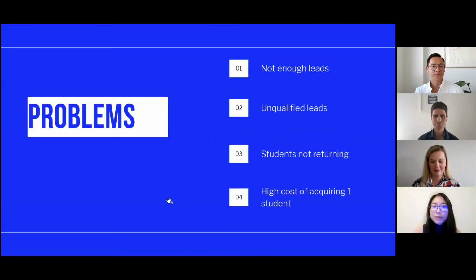So some problems that we face in the education industry when we're trying to get more student enrollments or more students: the first thing, you don't have enough leads. The second thing is the leads are unqualified.